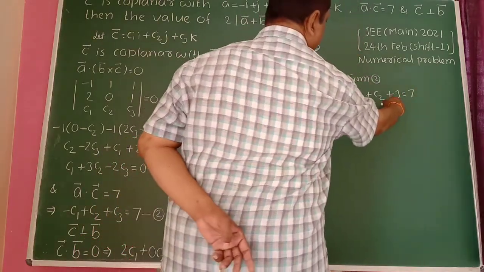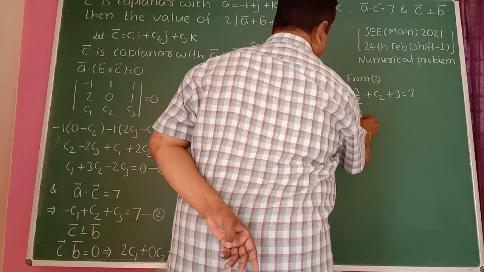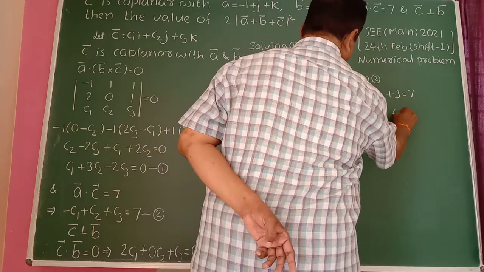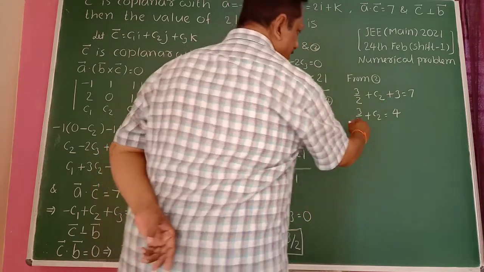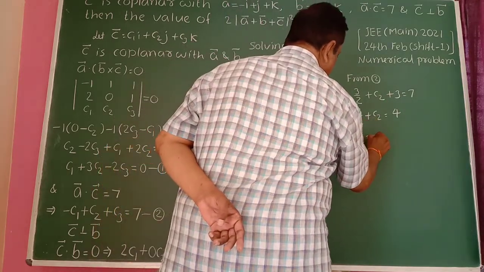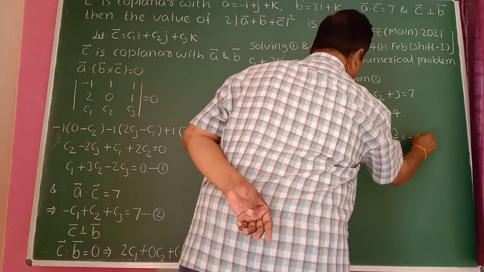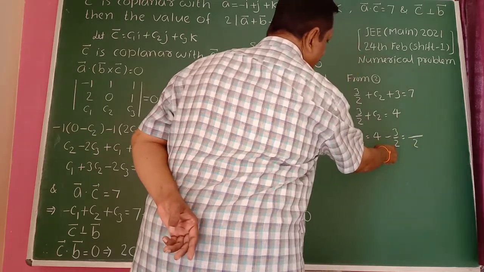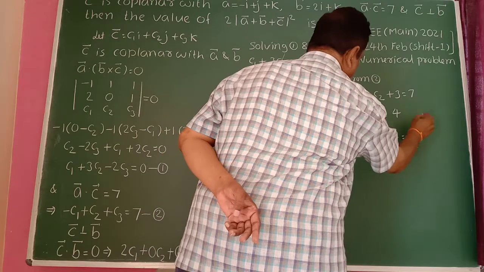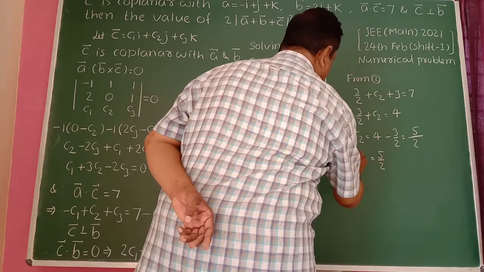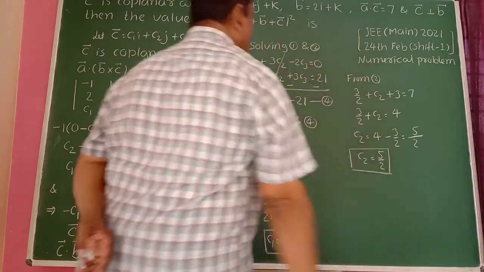Take 3 to the right-hand side: 3 by 2 plus C2 is equal to 7 minus 3 becomes 4. Take 3 by 2 to the right-hand side, so C2 is equal to 4 minus 3 by 2. 4 twos are 8, 8 minus 3 becomes 5. Therefore C2 is equal to 5 divided by 2.